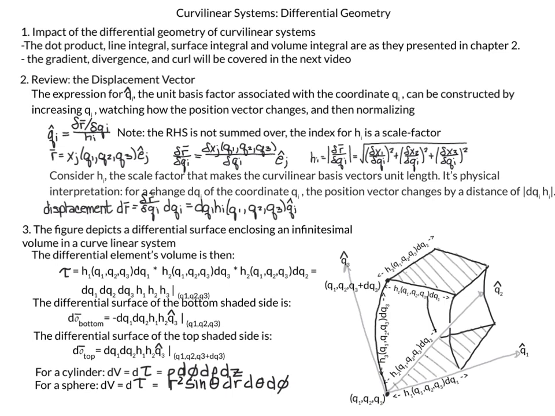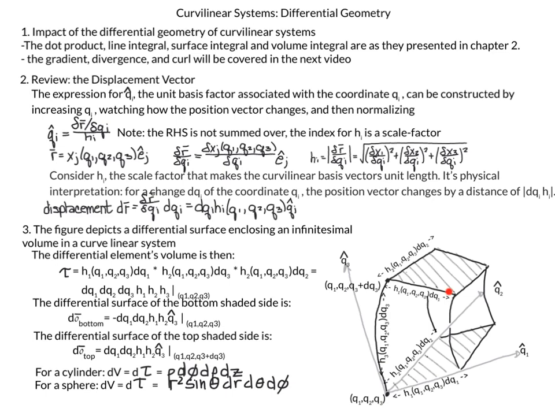In this case, we're looking at a small volume that we would integrate over when we do a volume integral. And you'll notice it's not just the cube that we use when we use regular Cartesian coordinates.